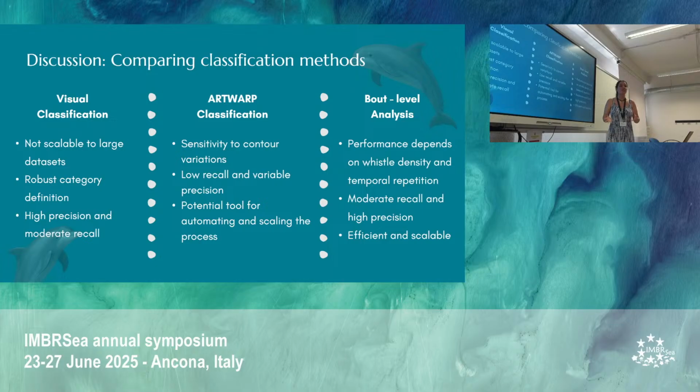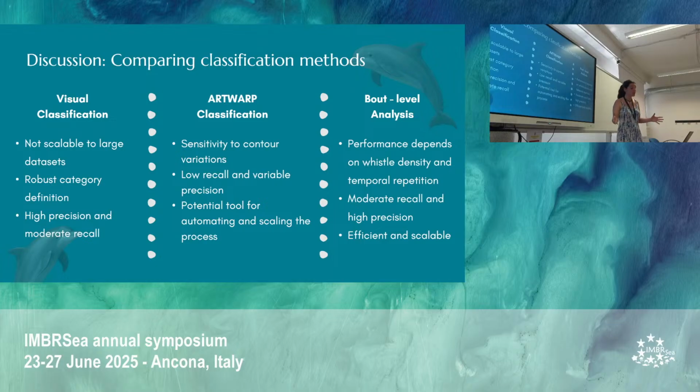However, despite all of this, it could be a potential tool for automating and scaling the process of identifying signature whistles. And then finally, going to the bout level analysis, its performance depends on whistle density and temporal repetitions. Therefore, in populations of dolphins that don't whistle that often, this tool might not be the best approach.